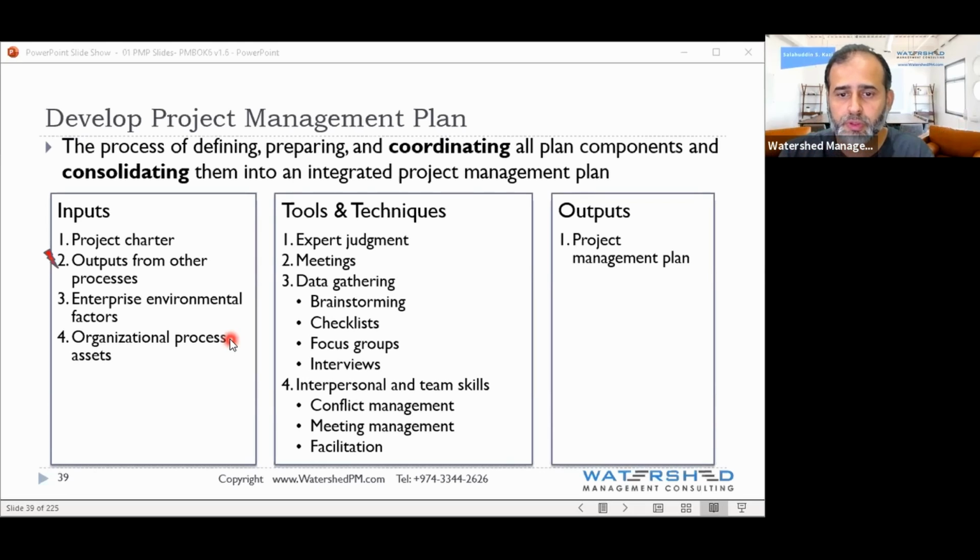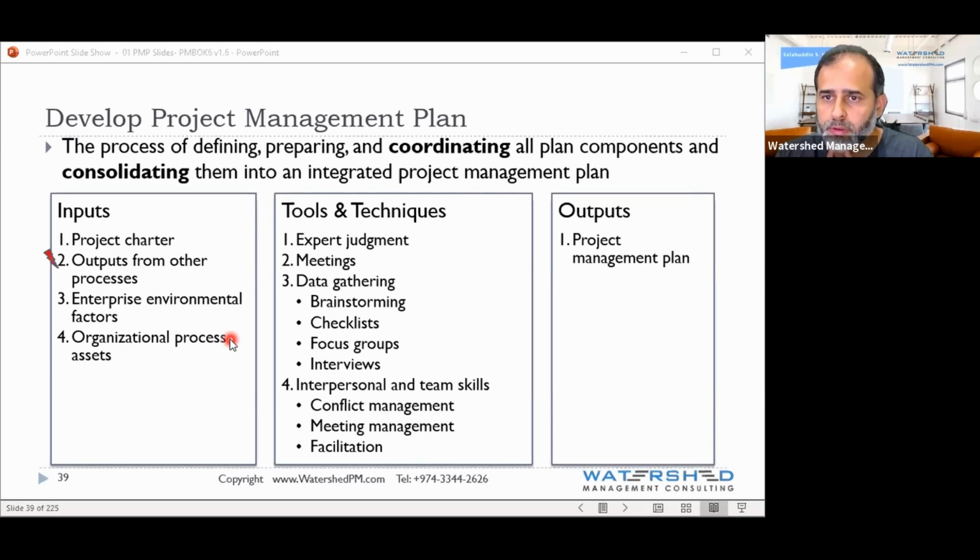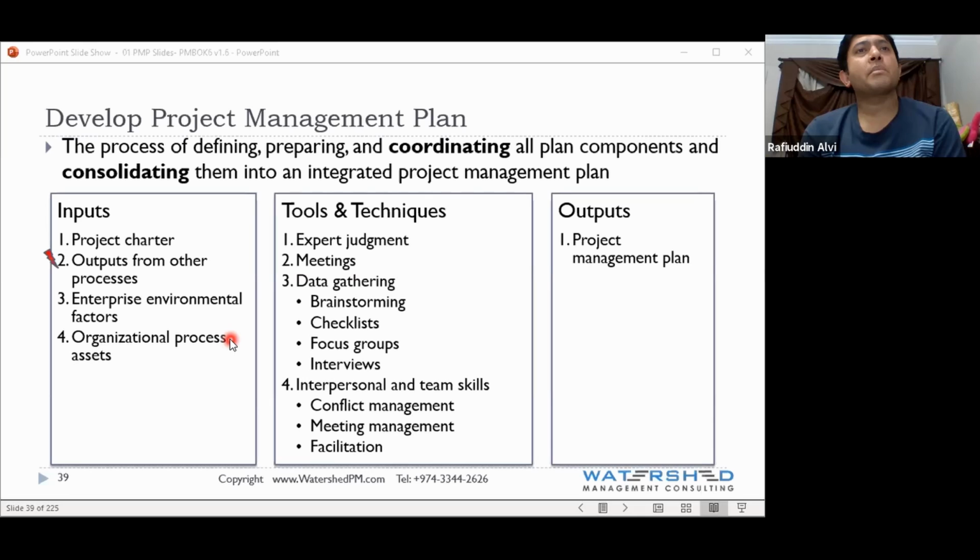Consolidating is nothing but putting it together. So what are we putting together? Scope, quality, time, schedule. And after you consolidate, what do you then have? We'll have project management plan. Very good.